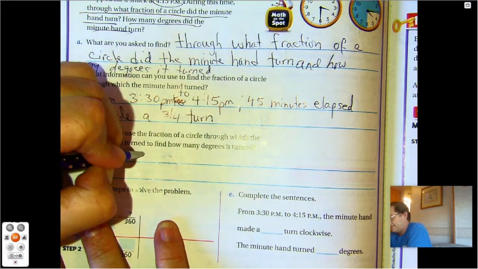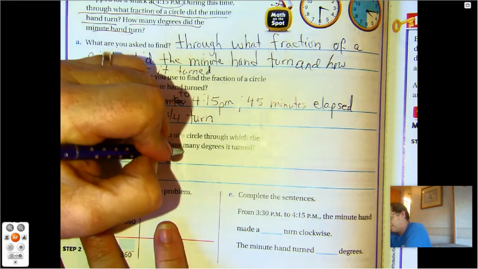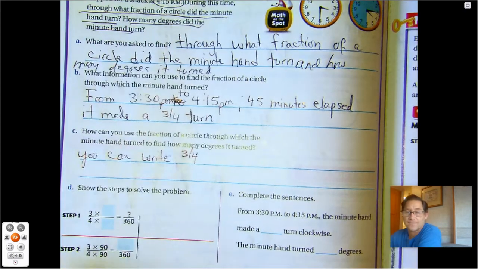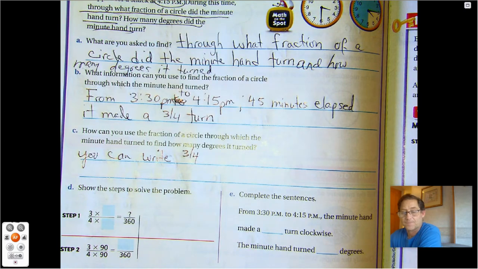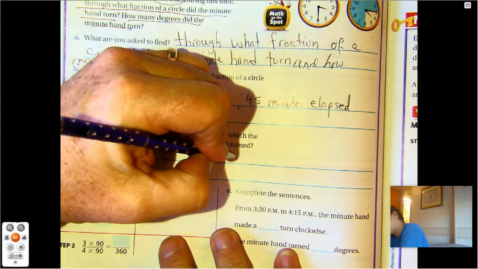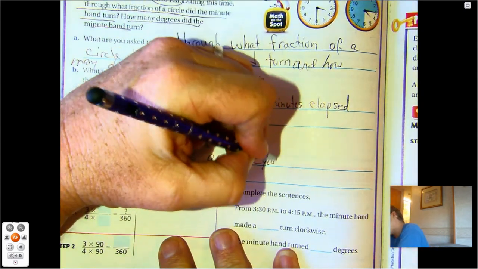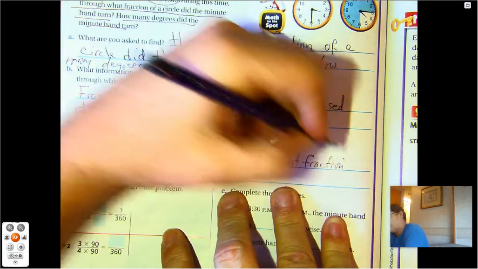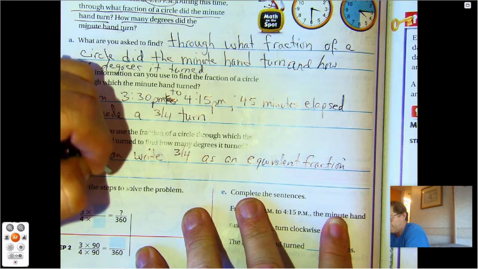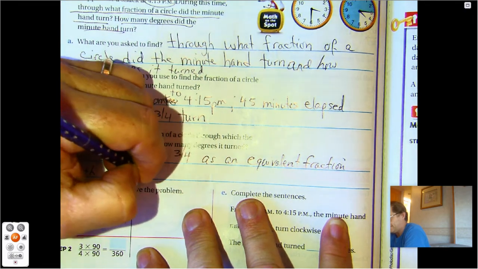You can write 3/4 as an equivalent fraction with 360 as the denominator.